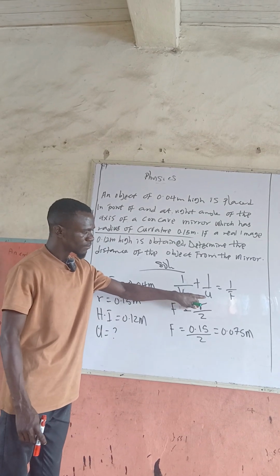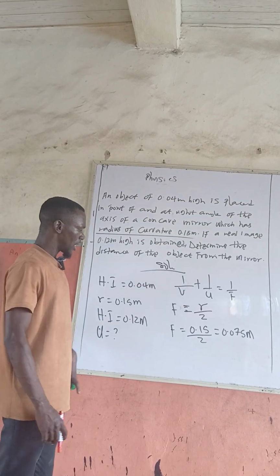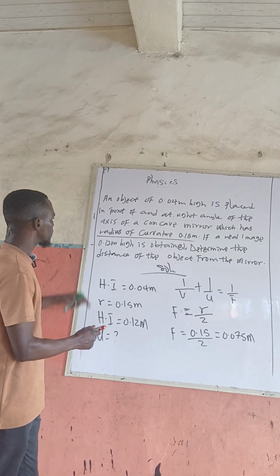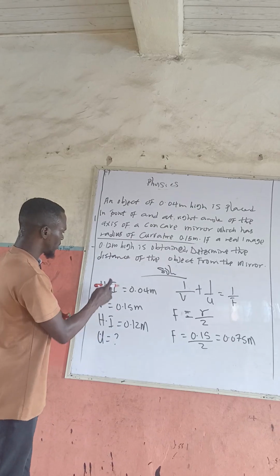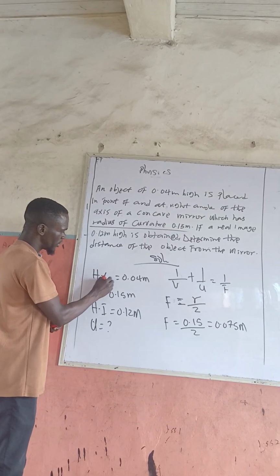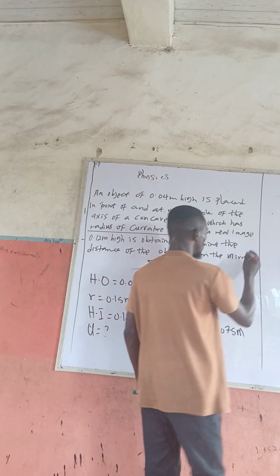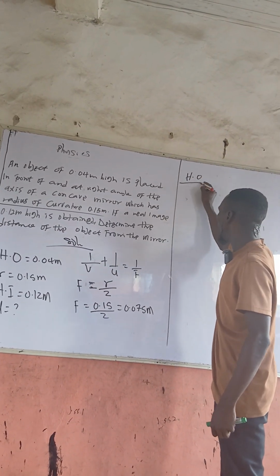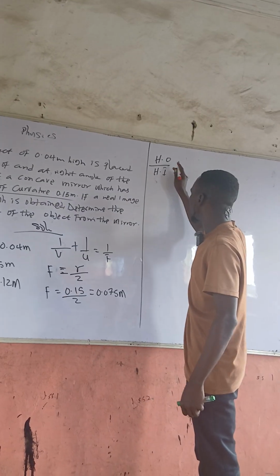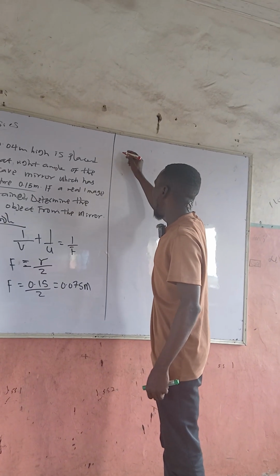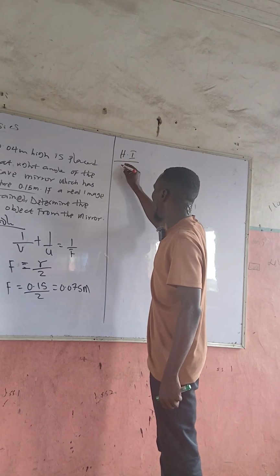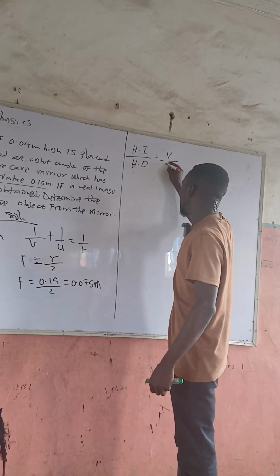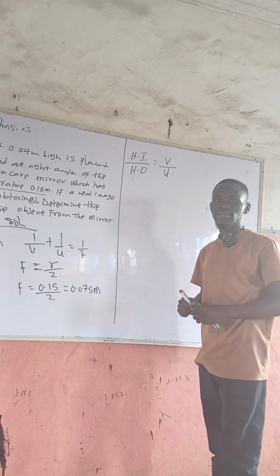But we want to find the distance of the object. And we are given the height of the image and the height of the object. So let's go to the other side of the board. We have height of image over height of object equals distance of the image over distance of the object.